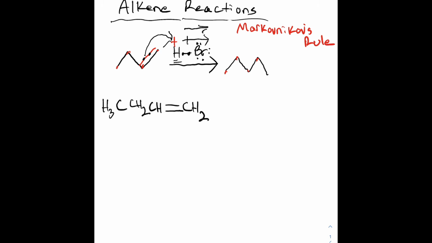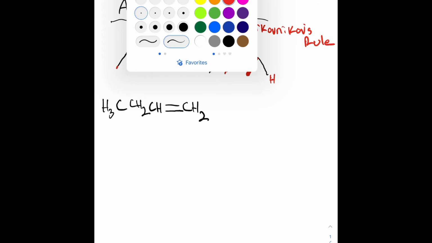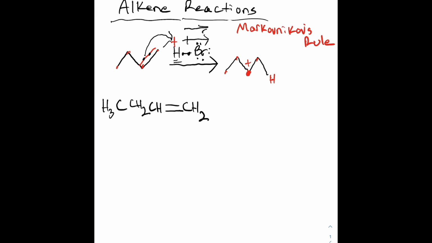And so you have this hydrogen bound here. What you have left over, since this carbon lost a pair of electrons, is that it now has a positive charge. And you have this bromine that's now detached from this hydrogen.